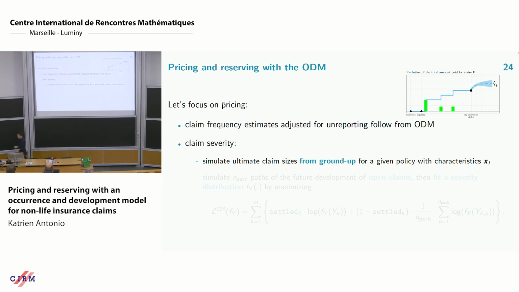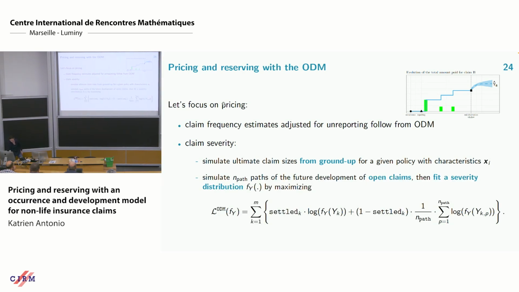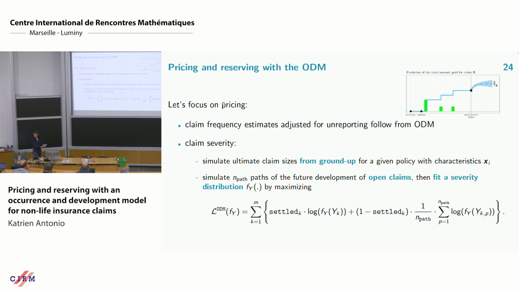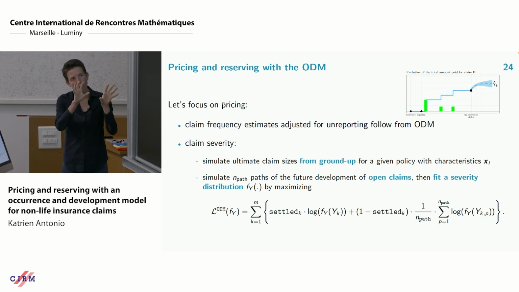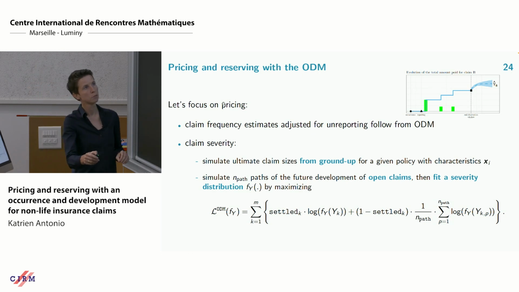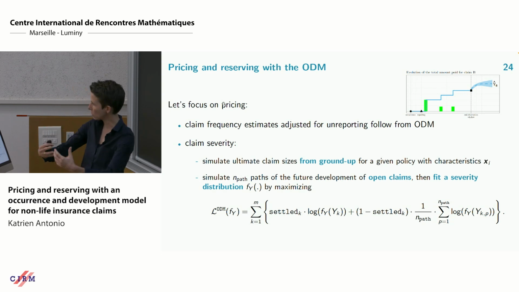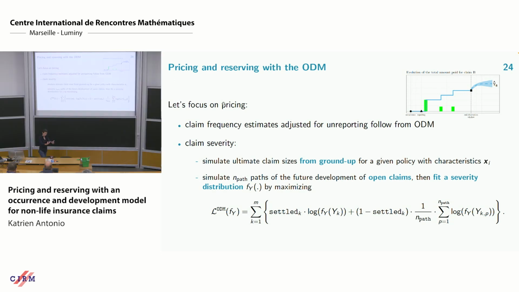I have to stand here and stop walking around. Or I can simulate paths of the future development of my open claims and use them when fitting a severity distribution in my pricing model, by really making a distinction between the actual observations and the rest. The actual observations really get a contribution to the density that I want to calibrate in my severity component of the pricing model, that density evaluated in the actual observation.